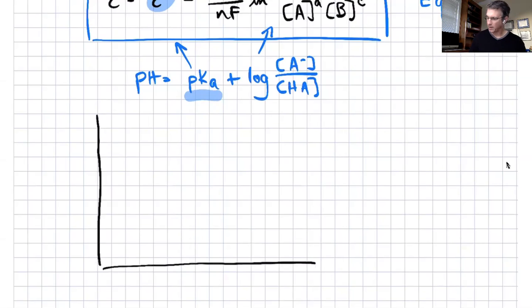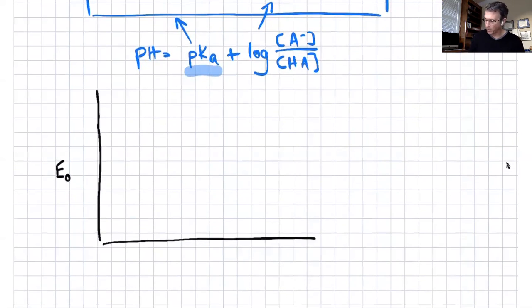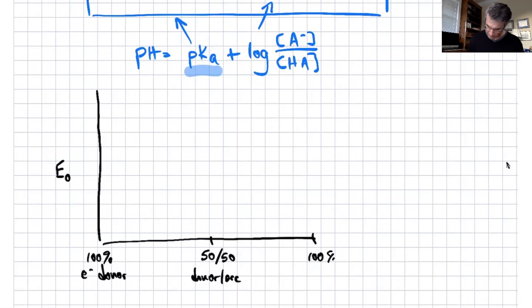So if you plot the observed electromotive force value in an electrochemical cell, over here you're at 100% electron donor, here you're at 50-50 donor acceptor, and over here you're at 100% in terms of final concentrations of your electron acceptor.